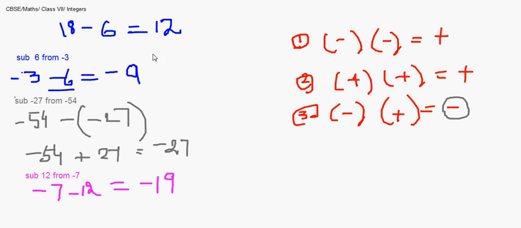We take up more than two integers now. The question reads as find the value of. It's minus 37 minus of minus 15 and minus 2.